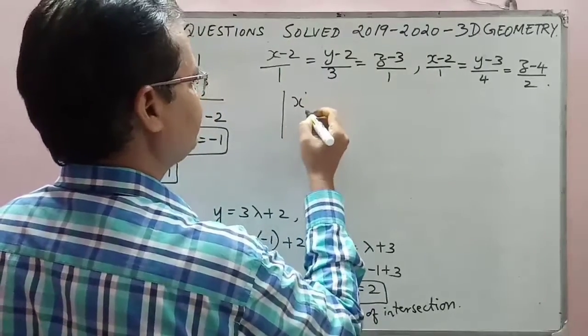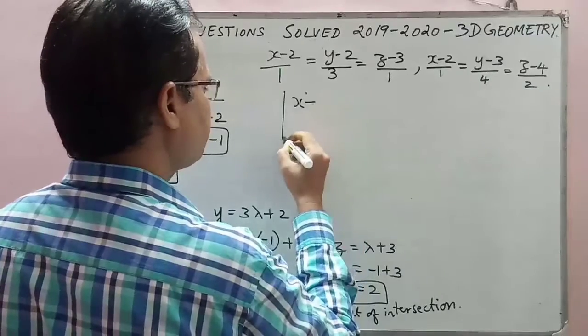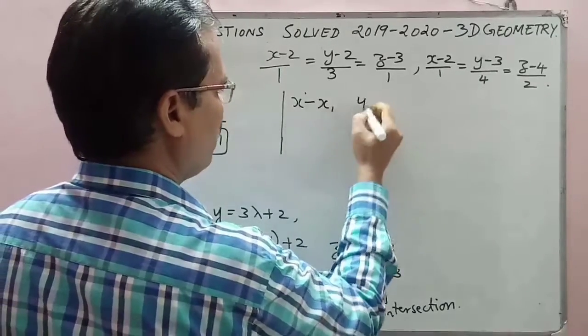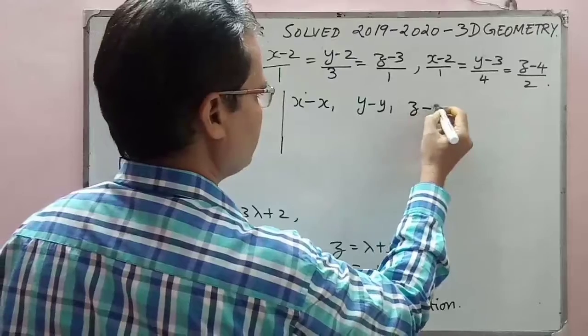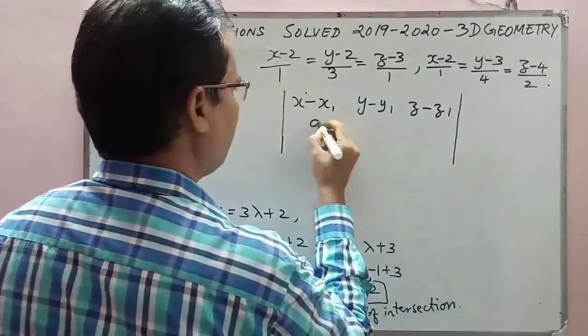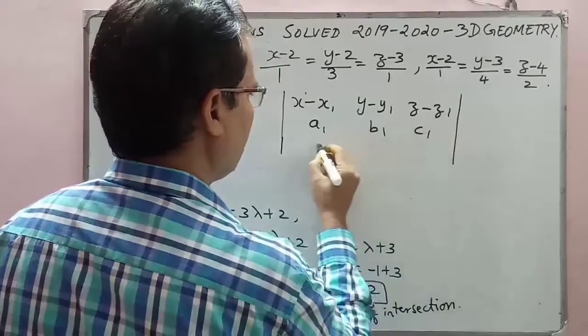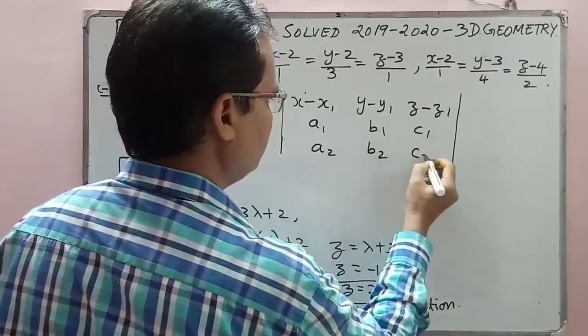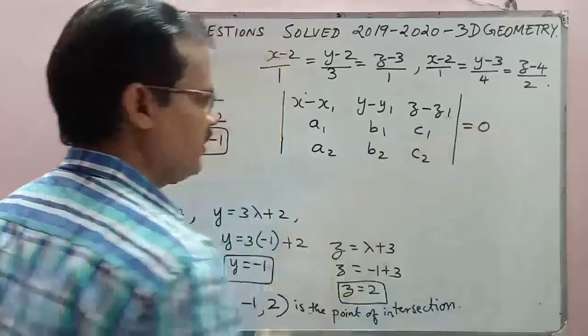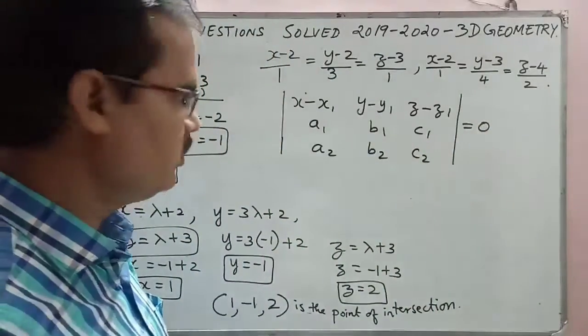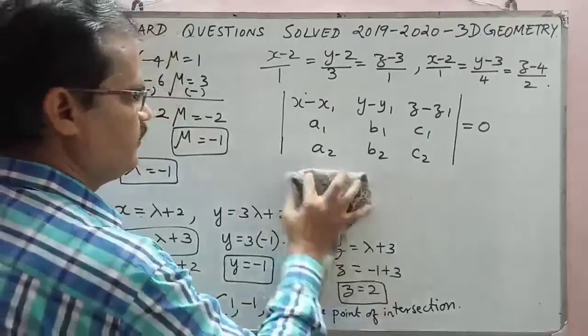Determinant of x minus x1, y minus y1, z minus z1, a1, b1, c1, a2, b2, c2 equals 0. This is the equation of the plane passing through two lines.